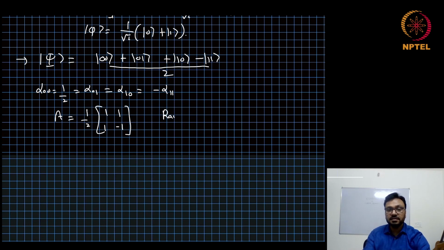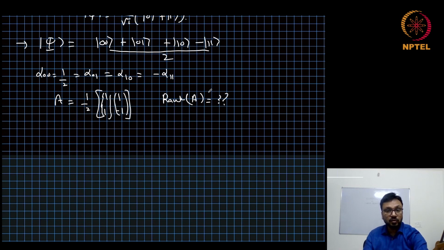What is the rank of this matrix? Here again we see that one of the columns is (1, 1) and the other column is (1, minus 1). These are actually orthogonal to each other. So there are two independent columns, and similarly two independent rows. So the rank of the matrix A is 2, which is not equal to 1.